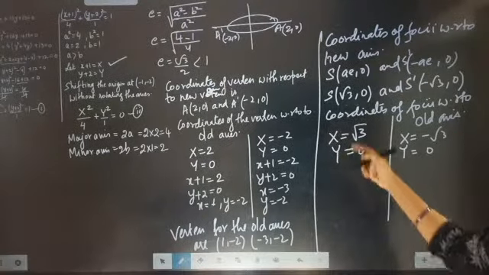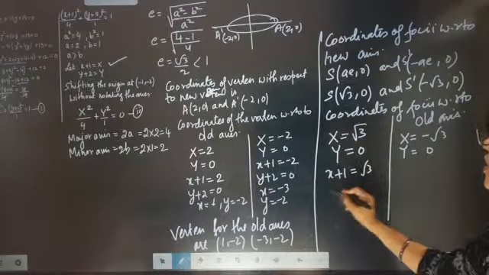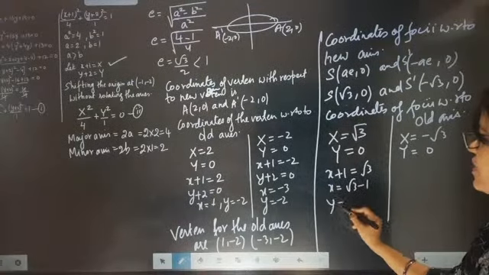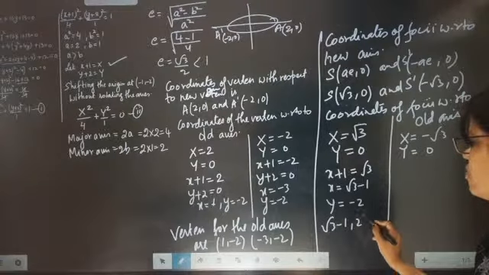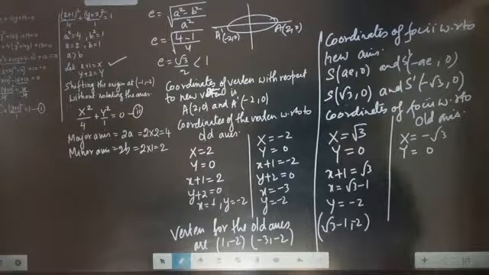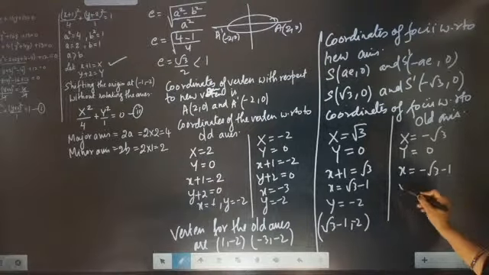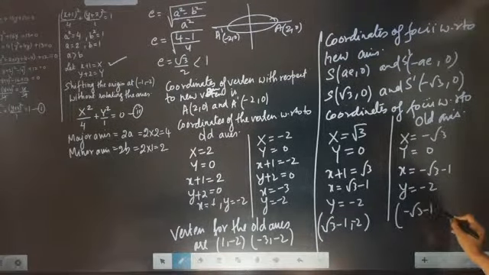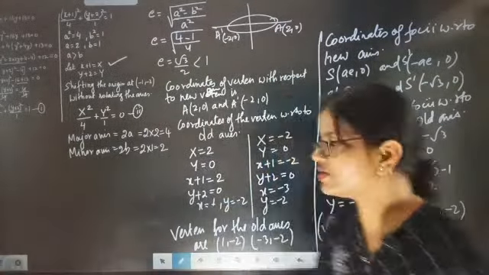So two foci are going to come like that, beta. X is x plus 1 equal to root 3, that is x equal to root 3 minus 1, and y will be equal to minus 2. So the foci is root 3 minus 1 comma minus 2, and here x will be equal to minus root 3 minus 1, y equal to minus 2. So the foci will be minus root 3 minus 1 comma minus 2.